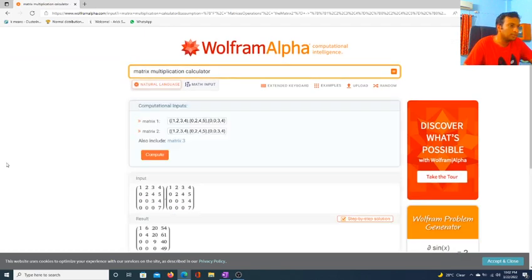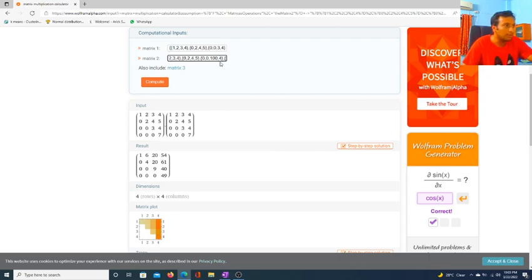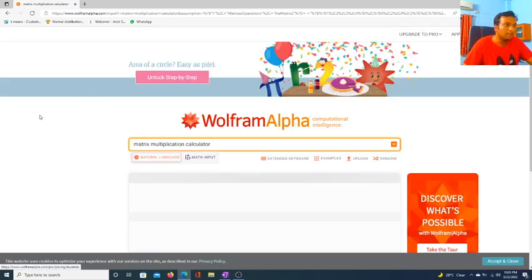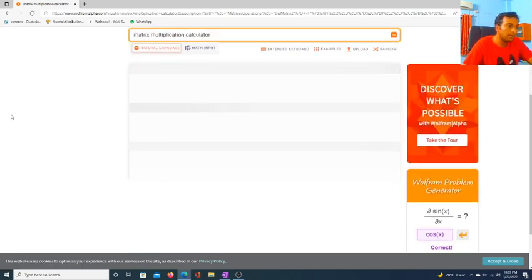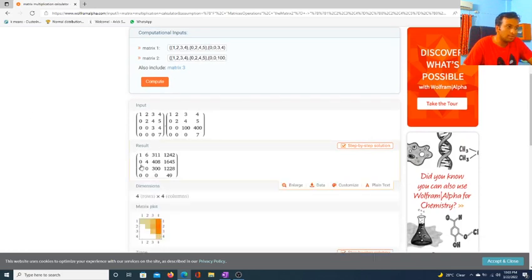Now these are two upper triangular matrices which are 4 by 4, and of course I took the same matrix twice. Even if I didn't take the same matrix, say I put 100 here and say 400 here, any two upper triangular matrices you take, you get back a result which is always an upper triangular matrix.